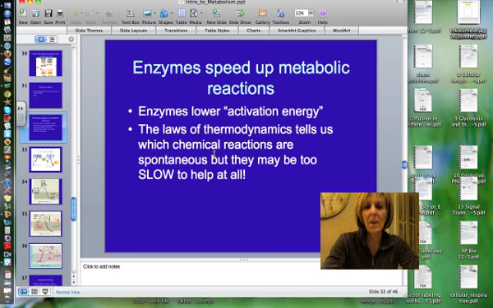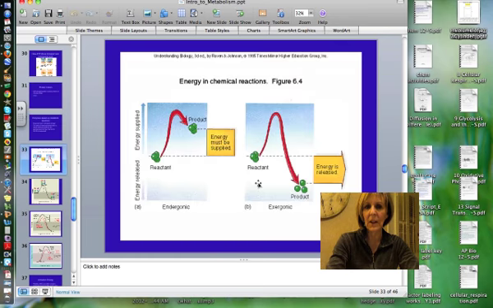And sometimes those reactions would be spontaneous, but they would be too slow to happen in a timely manner to support life. The energy needed to get the reaction going is called an activation energy. We've talked a little bit about this before, but now we're just going to go a little bit more in depth.